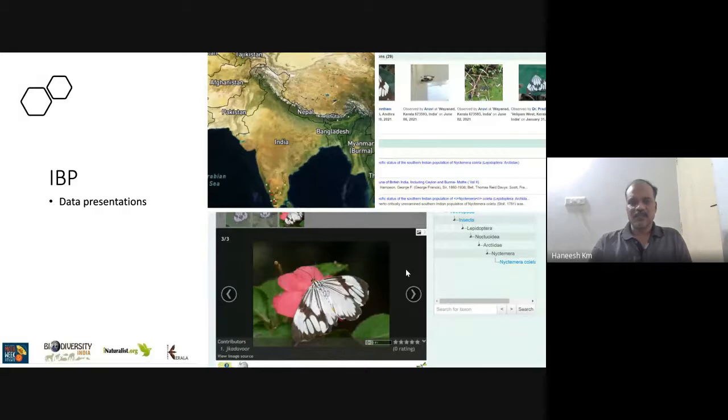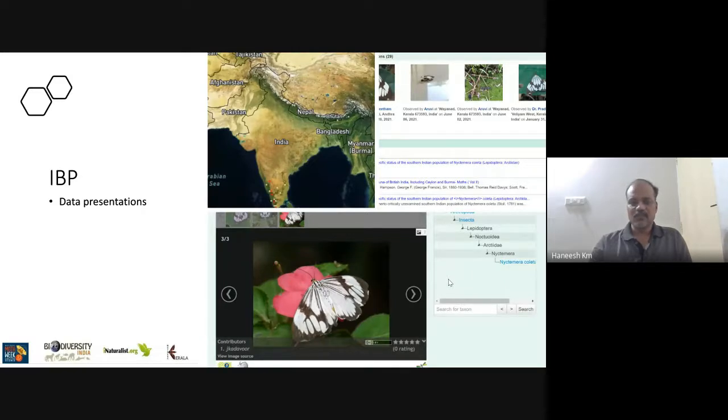As I mentioned, the data visualization is very good in all the citizen science forums. You can see how the species is distributed, what the similar species are, where it stands taxonomically, and the different pictures available of this particular species. You can also see the resources available, the published papers or books on it.